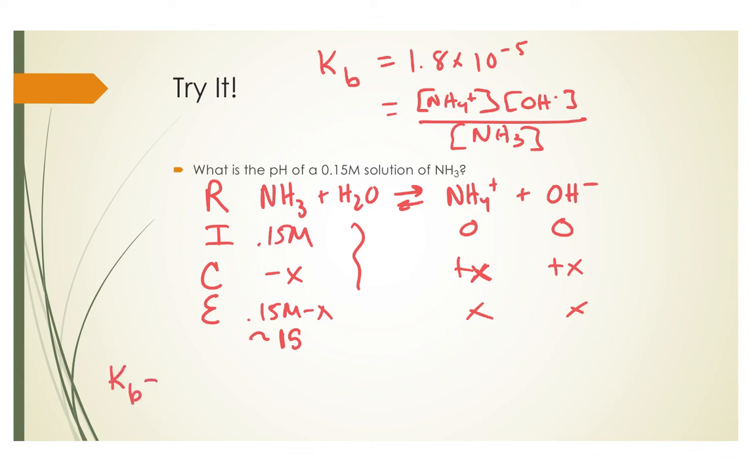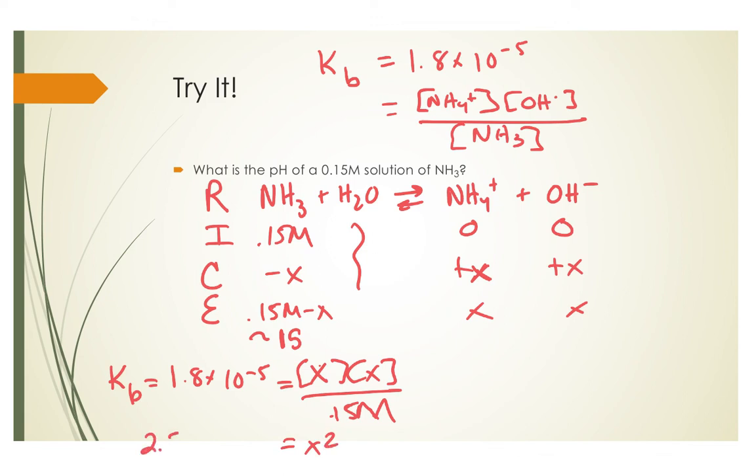So Kb equals 1.8 times 10 to the negative fifth, which equals X times X over 0.15 molar. That means X squared is equal to 2.7 times 10 to the negative sixth. That means X is going to equal 0.0016 molar.